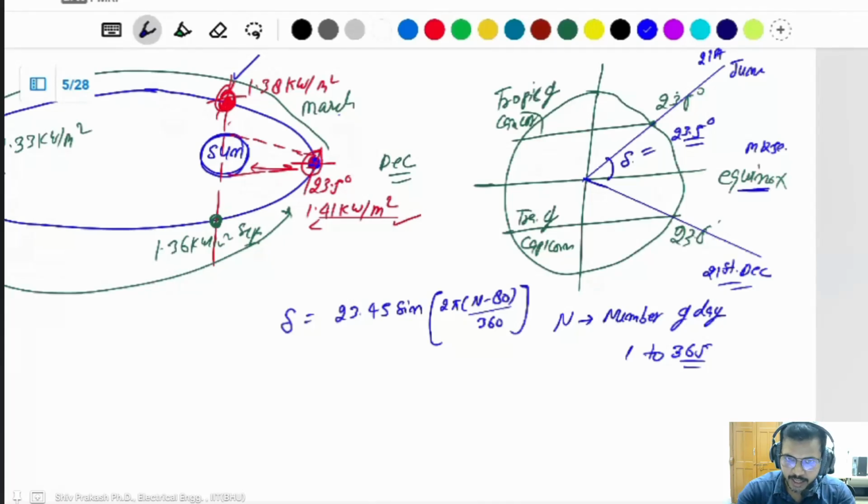This is the declination angle, which affects the insolation on the PV panel or PV cell. If this angle is 0 degrees, meaning at equinox, then you can get the maximum insolation and the maximum power from the PV panel.